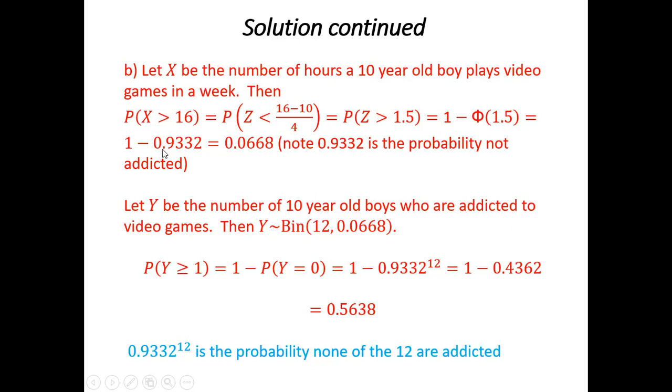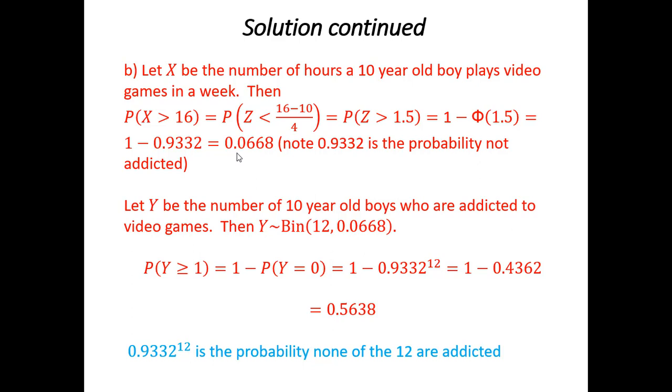We looked that up a minute ago. So we got 1 minus 0.9332. So we have this 0.0668. That's the probability a boy is addicted. And you could see we have the 0.9332 is the probability that they're not addicted.